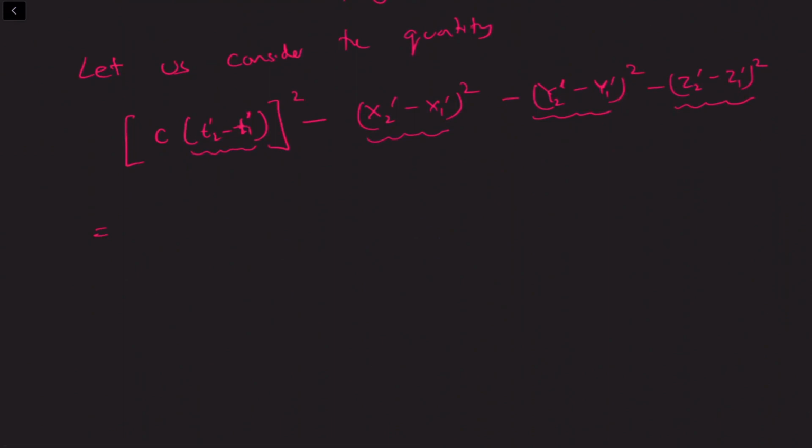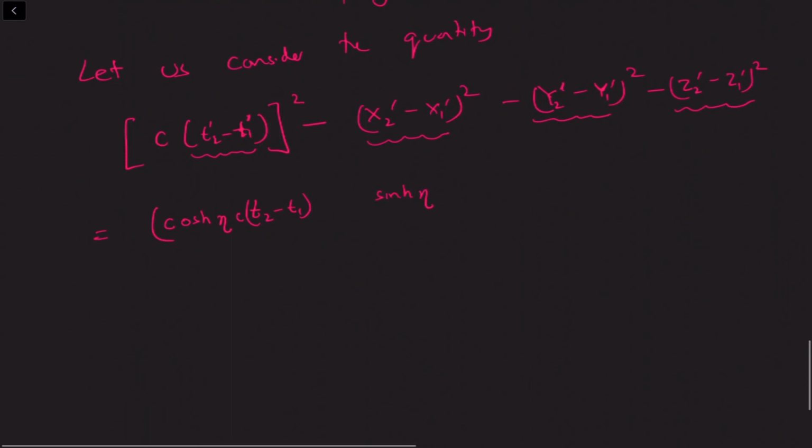So again, using rapidity, because that's the easiest thing to do, we can write this as cosh eta times c(t2 minus t1), minus sinh eta times (x2 minus x1). That's what c times t2 prime minus t1 prime would be, whole square.